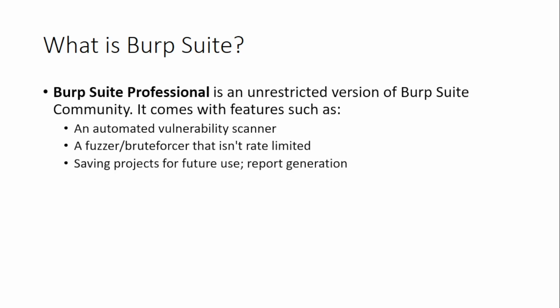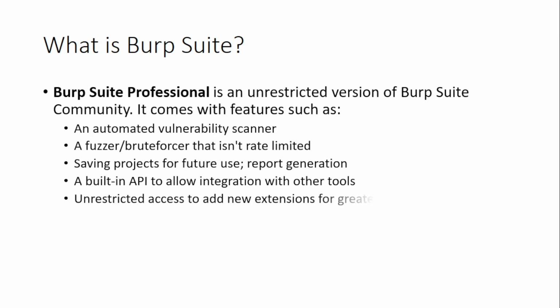Saving projects for future use, report generation, which you can't have on the Community edition, a built-in API to allow integration with other tools, unrestricted access to add new extensions for greater functionality, and access to Burp Suite Collaborator, which is a unique request catcher, self-hosted or running on a PortSwigger-owned server.